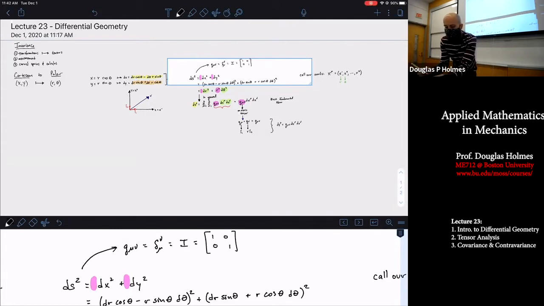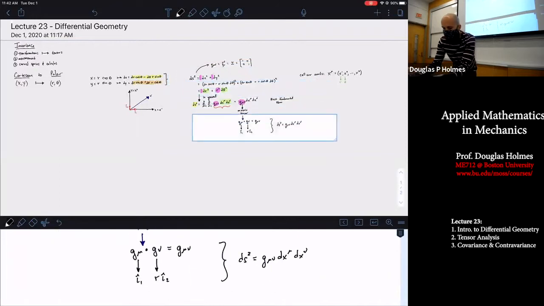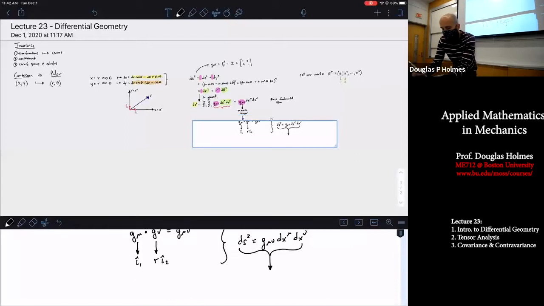And so you can think of this equation in Cartesian coordinates as saying, I'm going to take 1, 1, 0, 0, and multiply that by my column vector dx, dy.